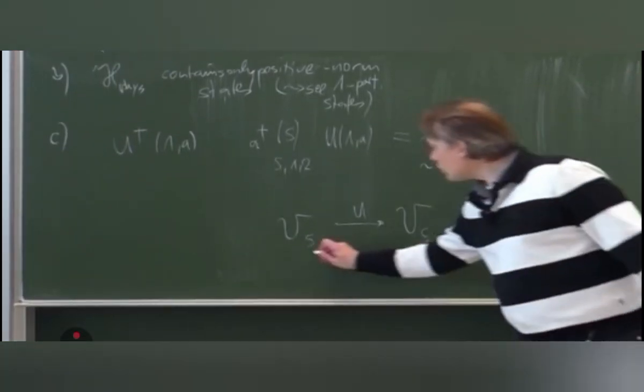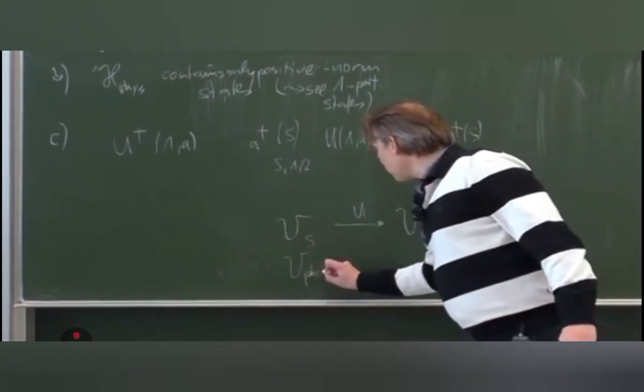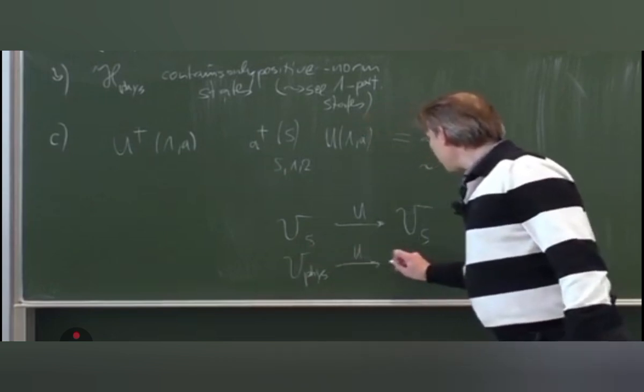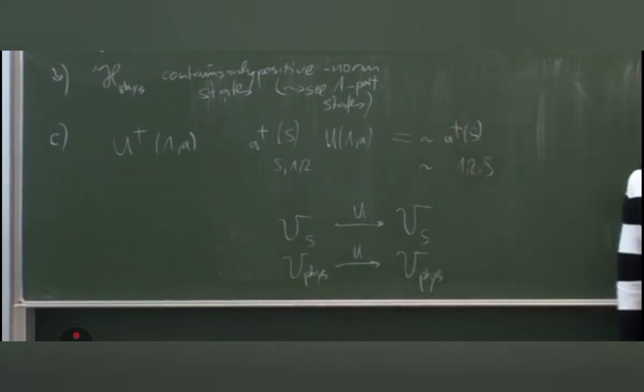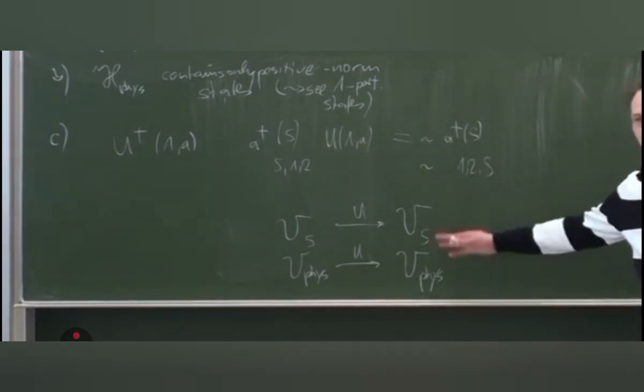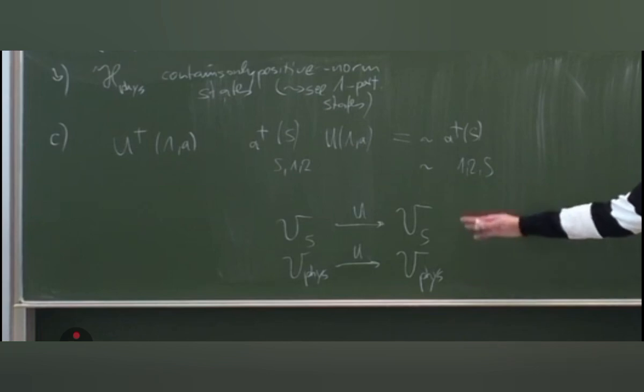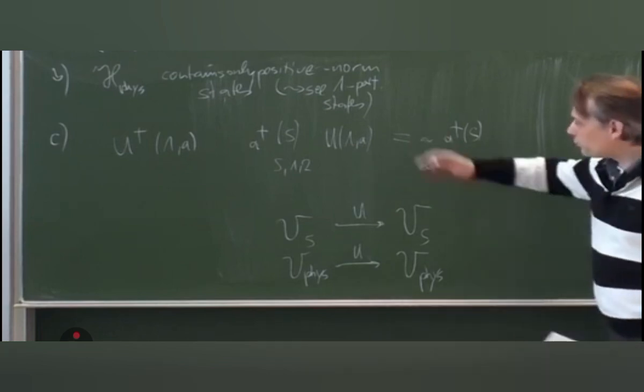And that tells us that states in this physical space, they also remain physical under Poincaré transformations. So those two spaces are invariant under Poincaré transformations. Poincaré transformations do not lead out of those spaces.